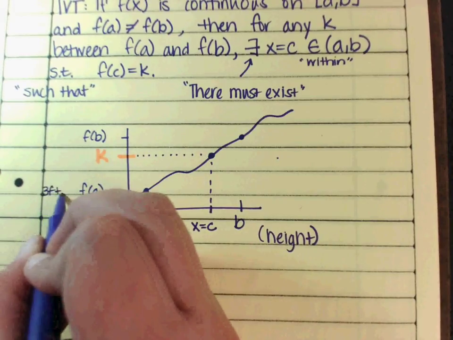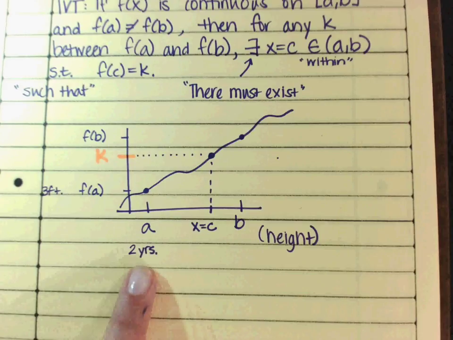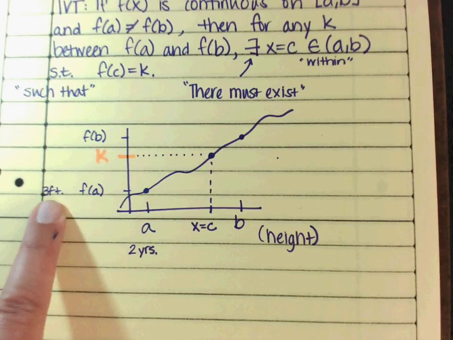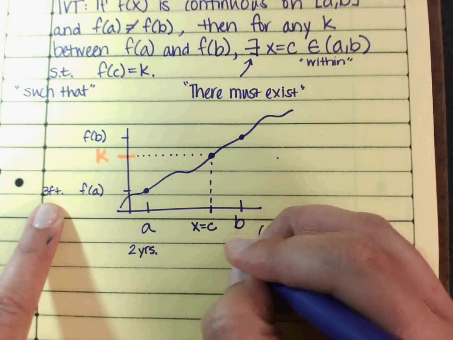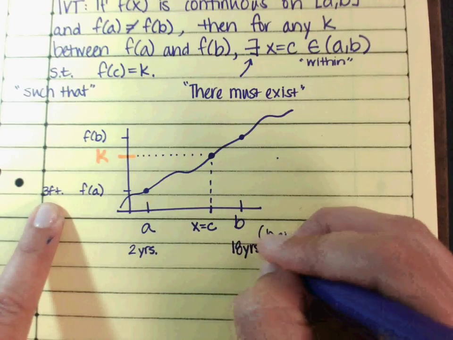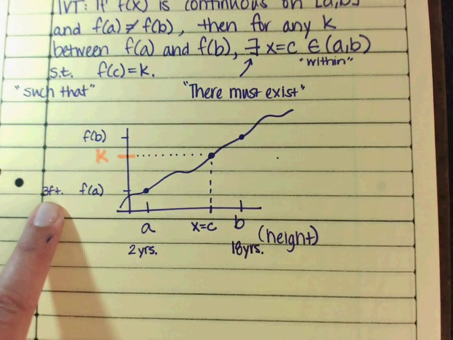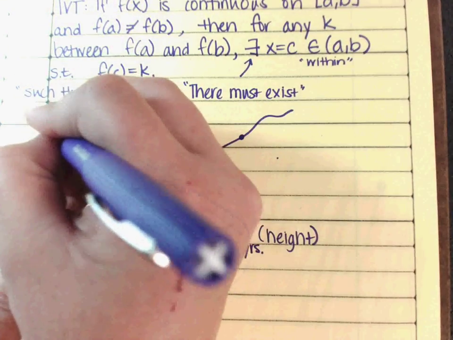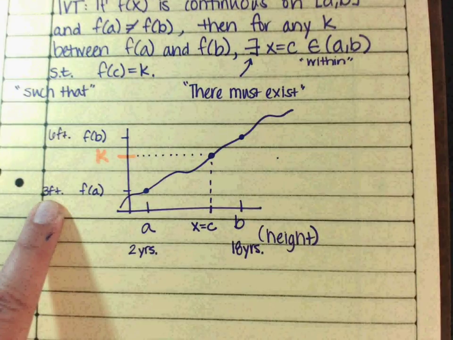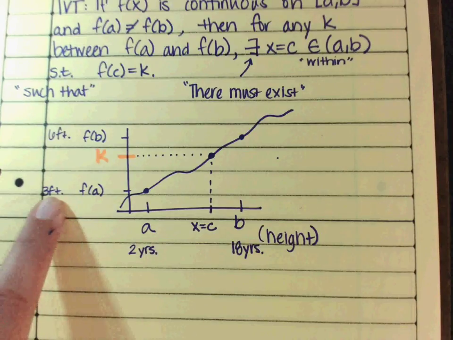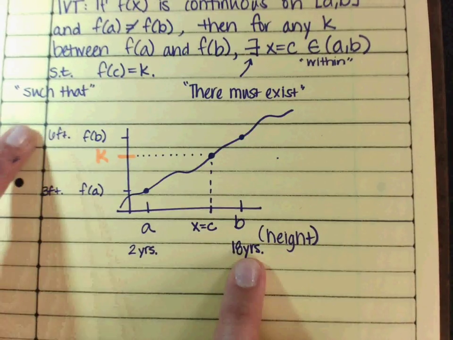Just pretend. Now you're 18 years old, and let's just pretend to keep it easy that you're 6 feet tall. So when you were 2, you were 3 feet. Now that you're 18, you're 6 feet tall. You're, I guess, a pretty giant toddler. Okay, pick a height in the middle.